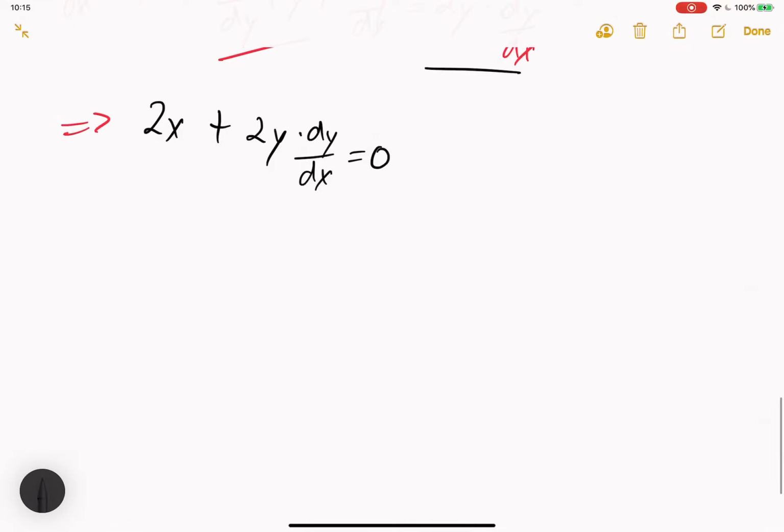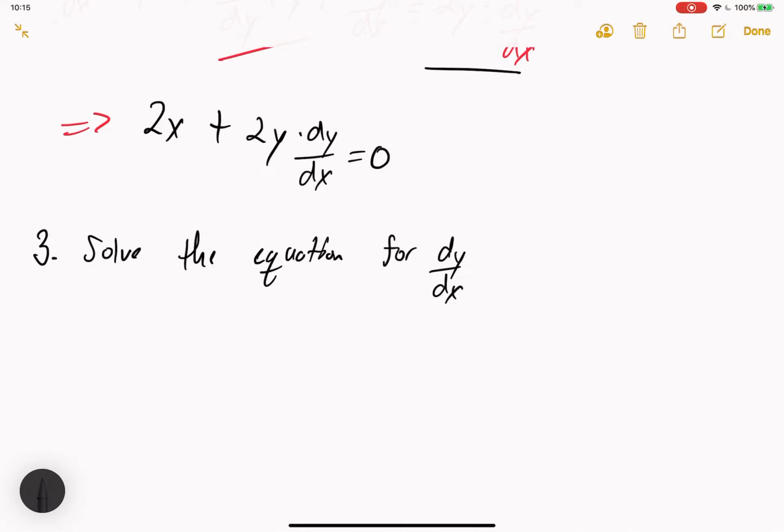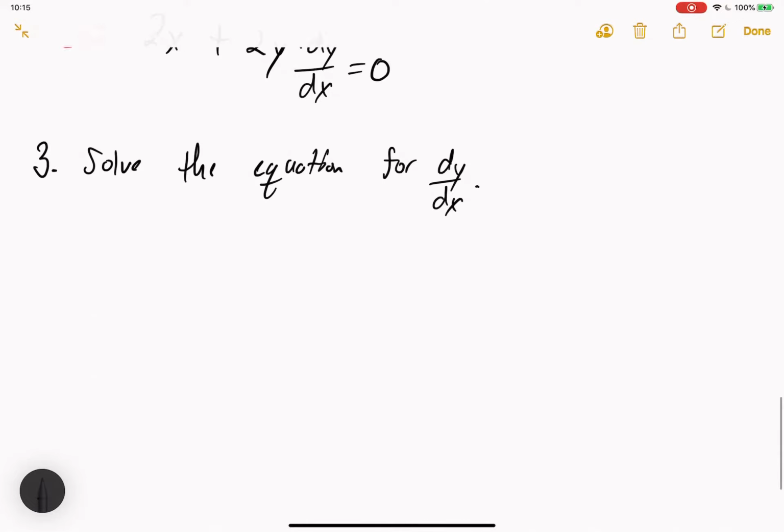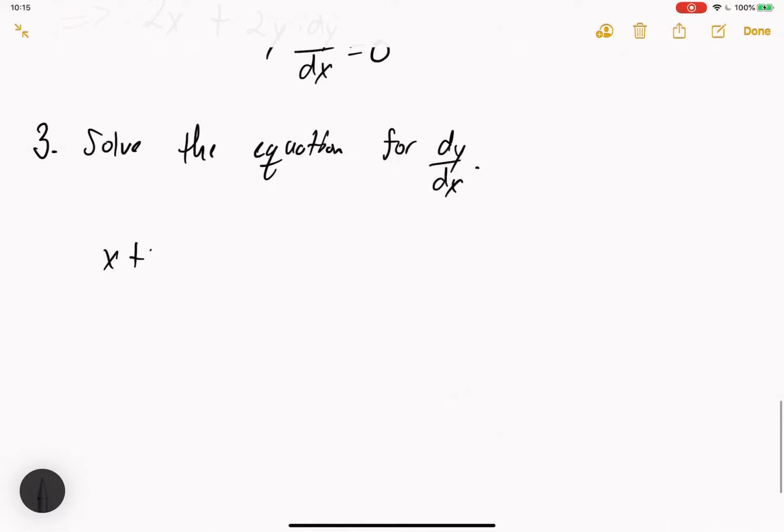So the last thing we want to do is solve the equation for dy dx. We're just going to divide everything by 2. So we just get x plus y times dy dx is equal to 0.